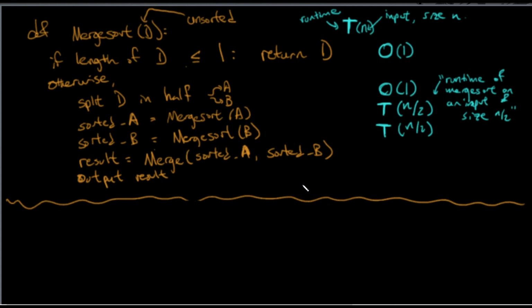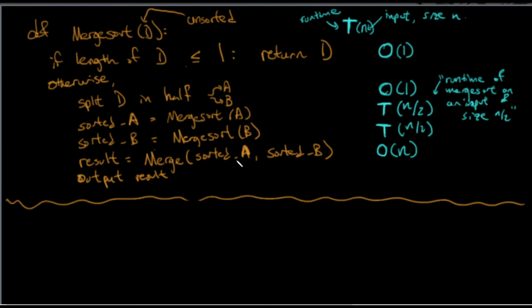Given that the two arrays that we've passed in here, sorted A and sorted B, are of size n over 2, if D is size n, then iterating through both gives us the equivalent of iterating through all elements in the original array D. We'll iterate through the first n over 2, and then the second n over 2 in array B. So this overall is going to be O of n.